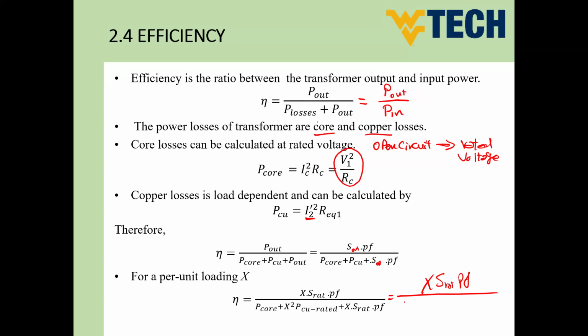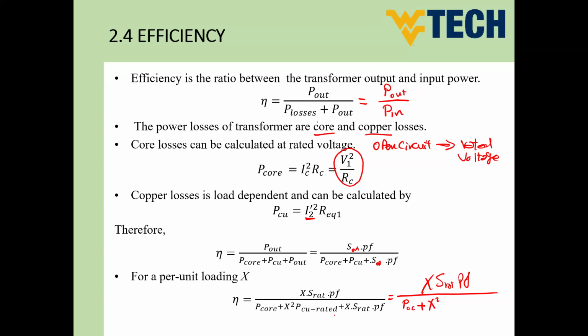This can be replaced by P open circuit because P core is nothing but the open circuit test power. So from the test of the parameter identification, we can use the open circuit power as P core in this numerical calculation. Plus X square times P copper rated.